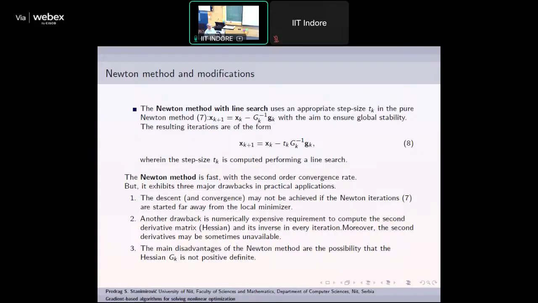Step size can, how to say, stabilize the Newton method and can lead to global convergence, which is okay, but still the problem with the Hessian and the inverse of the Hessian remains.